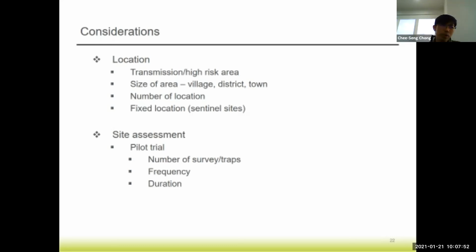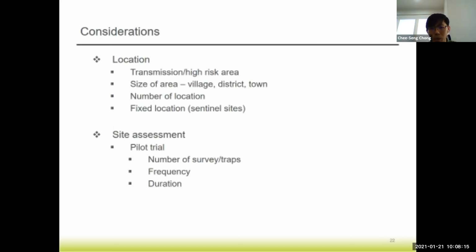The size of the area, whether you are looking at the number of locations you're interested in. And I heard during the country presentations, for some of the Anopheles or malaria surveillance, that people have talked about sentinel locations. So these are things that you could also adopt for Aedes surveillance as well, to have fixed sentinel locations for longer term monitoring.